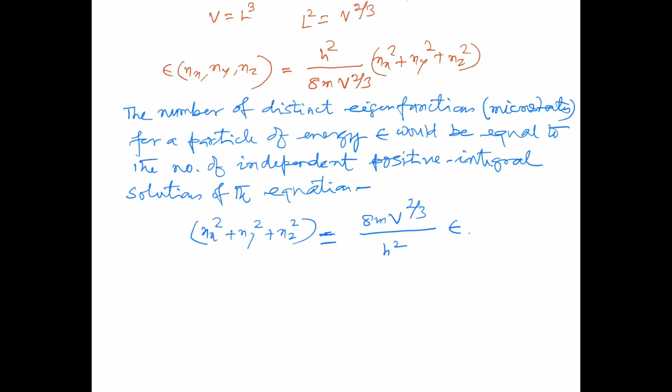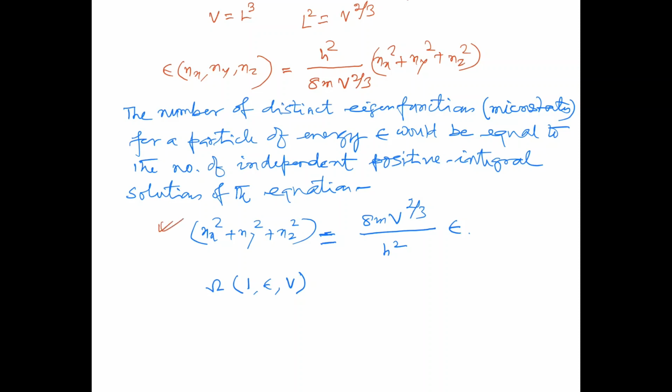Now, as this is for a single particle, we may denote this number by omega 1 epsilon V, the one particle with energy epsilon in the volume V, because it is being written for a single particle with energy epsilon and the volume in which that particle is confined is V.